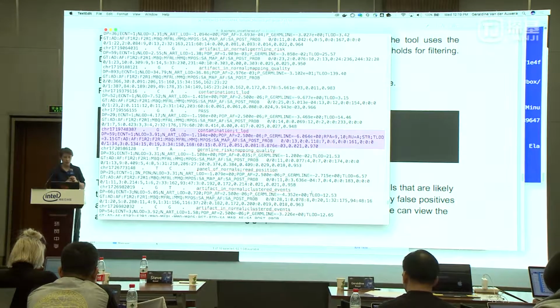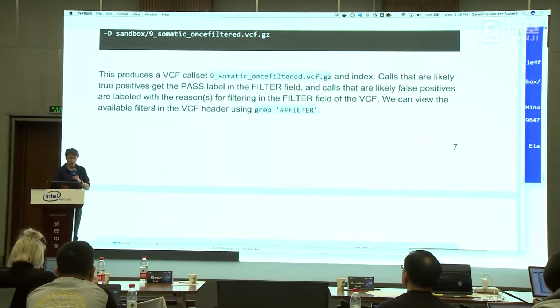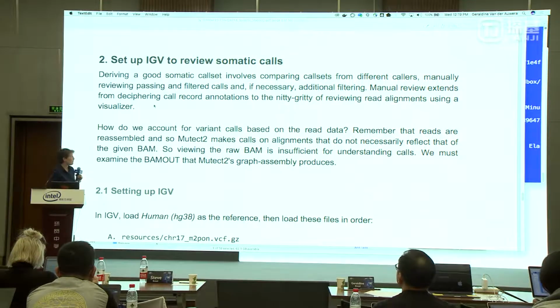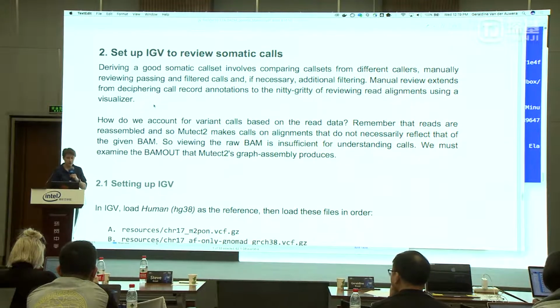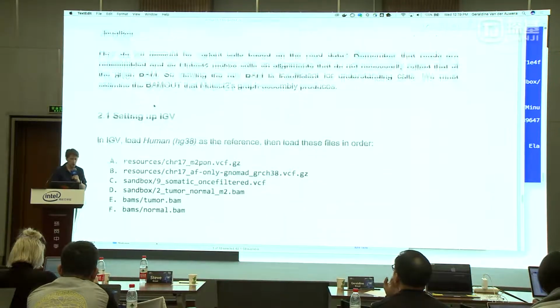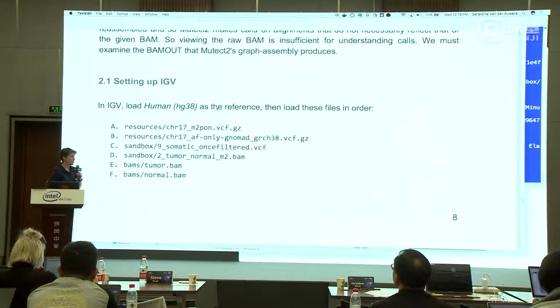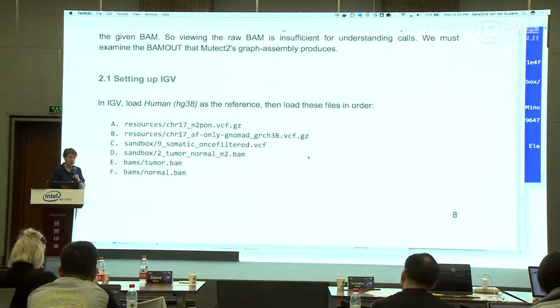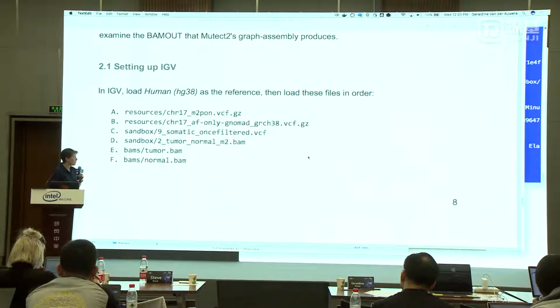Okay? So now we're going to go to IGV, and we're going to run the final few instructions that are in the worksheets in section 2. There's a little bit of advice for setting up your IGV to do this appropriately.